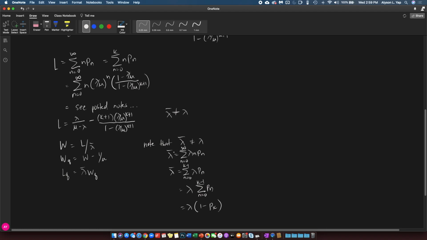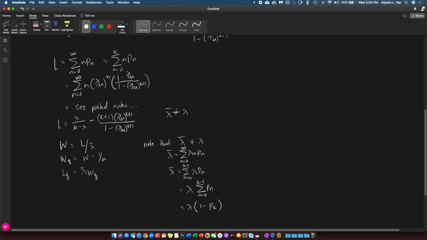Because lambda bar is the expected value of your lambda sub n's. So it's the summation of lambda n p n from n equals 0 to infinity. But remember, p sub n is equal to 0 from n equals k to infinity.